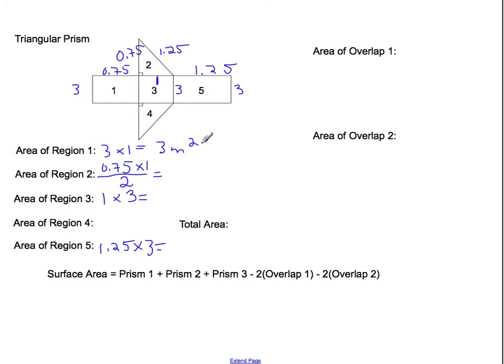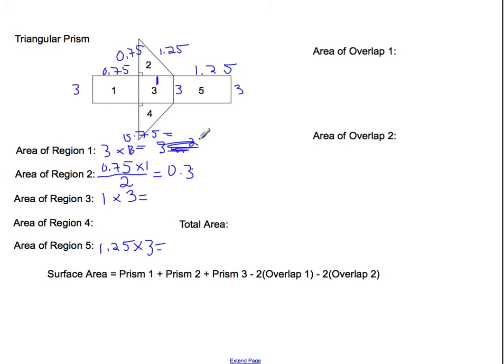I'm just double checking so I don't make a mistake. 0.75 divided by 2 is... oh, I just made a mistake. Look at that. Region 1 is 3 by 0.75. Sorry about that. Let's try this again. I'm glad I caught that.